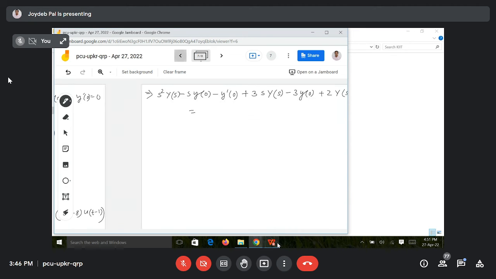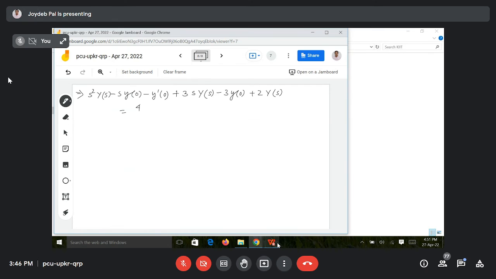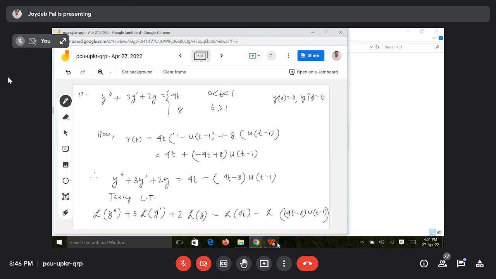What is the right hand side? 4t means 4 divided by s², right? And the second part, it is what? Laplace transform of f(t) into u(t minus a) form. So you apply the modification of t-shifting.